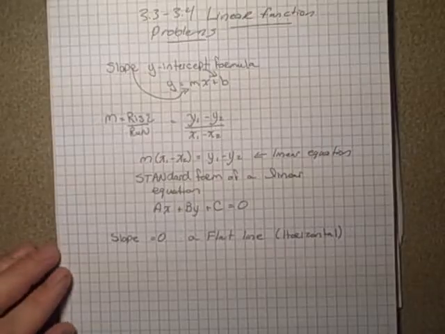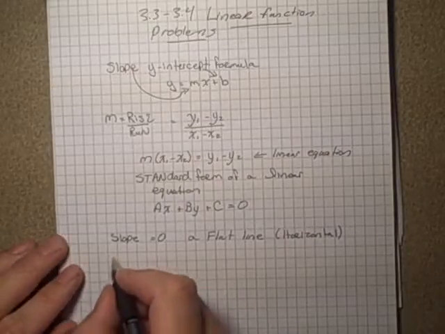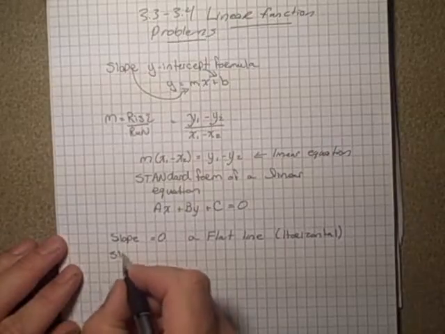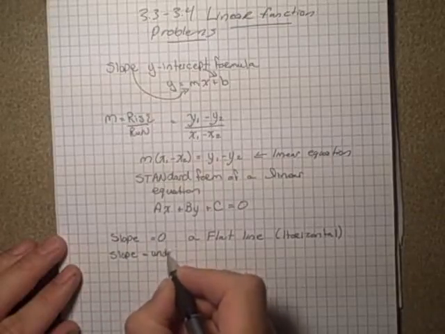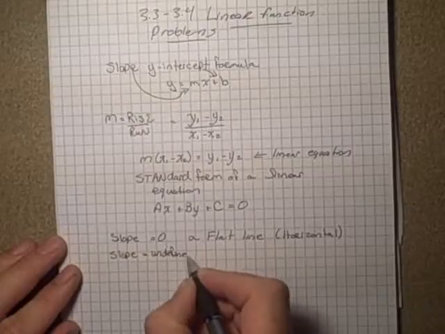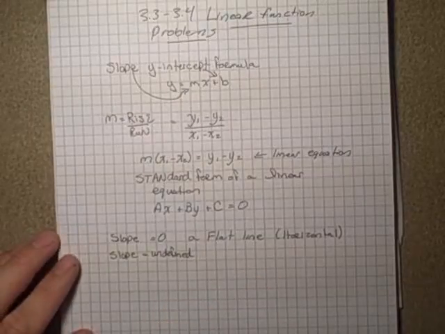If you have a slope that is undefined, you have a vertical line.